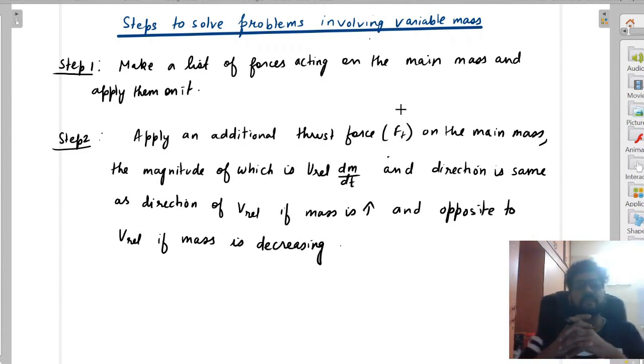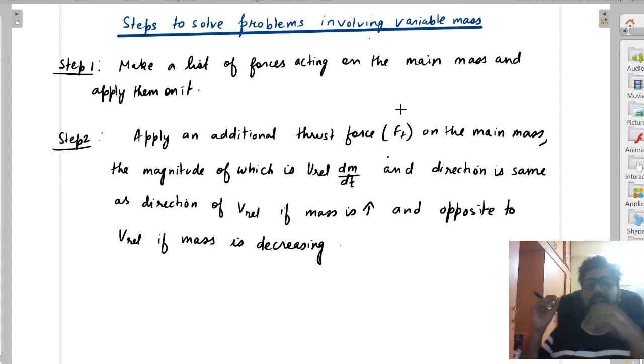First step is to make a list of forces acting on the main mass and apply them on it. Then we will apply the additional force, called the thrust force, on the main mass, the magnitude of which is v relative times dm by dt, and the direction is the same as the direction of v relative if mass is increasing and opposite to v relative if mass is decreasing.